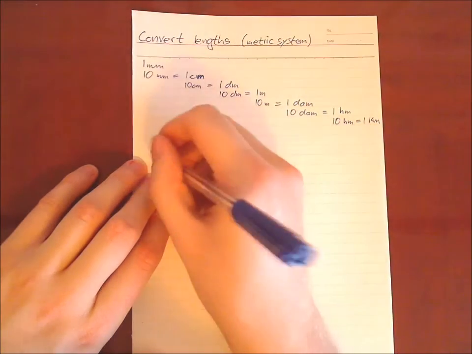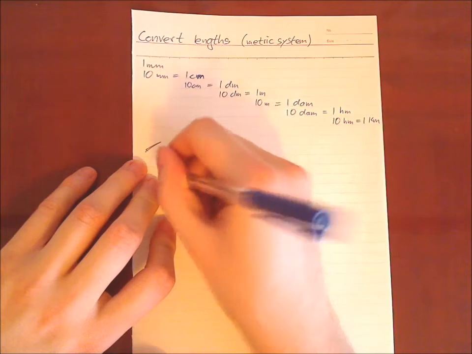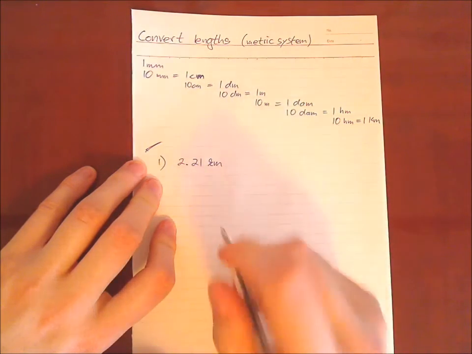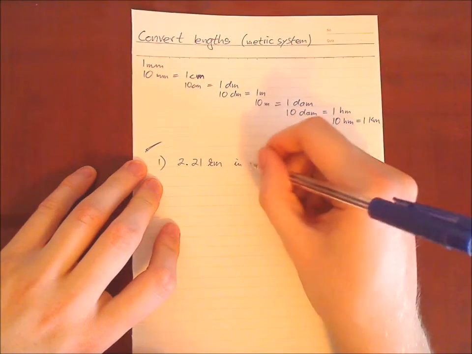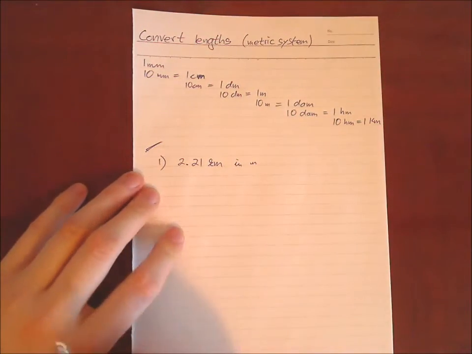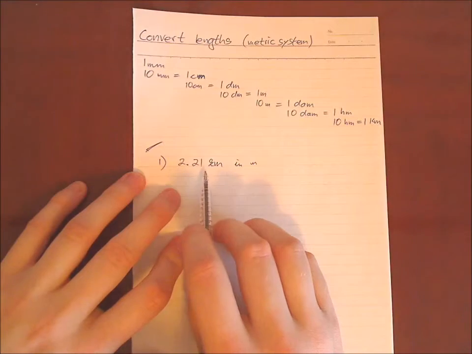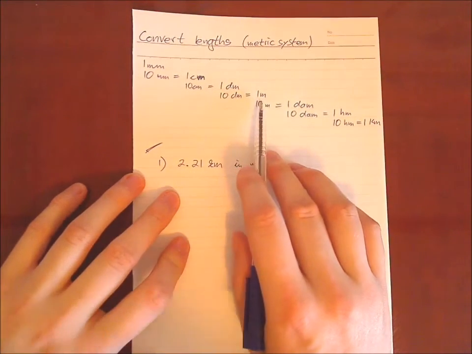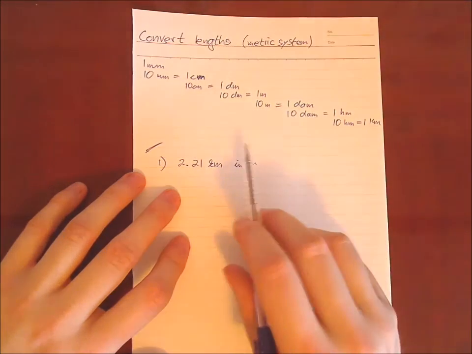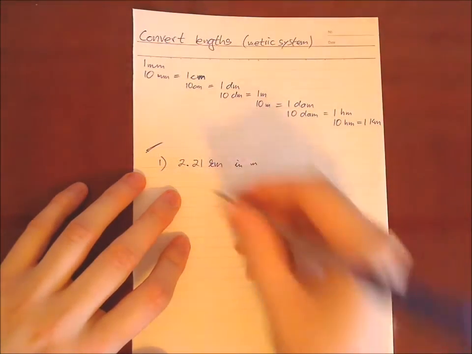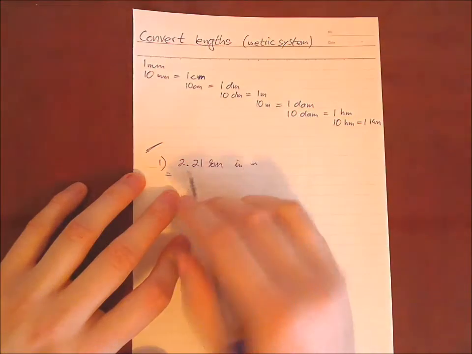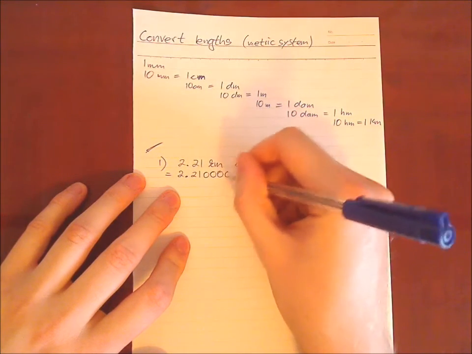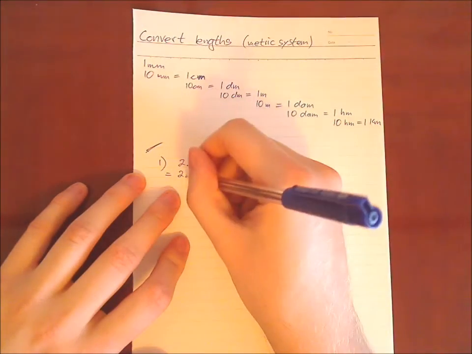So we just have some examples. First example, we have 2.21 kilometers, and we want to have it in meters. So we need to go left on the stairs, up the stairs, and we see 3 steps. 3 steps means add 3 zeros. We can always add many zeros. It doesn't really make sense, no one does it, but it would be correct.